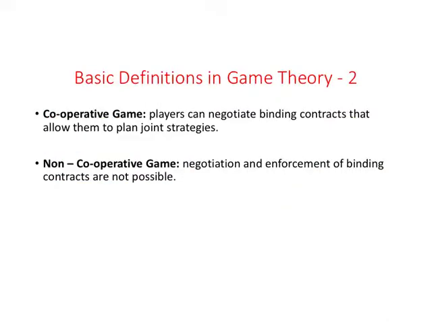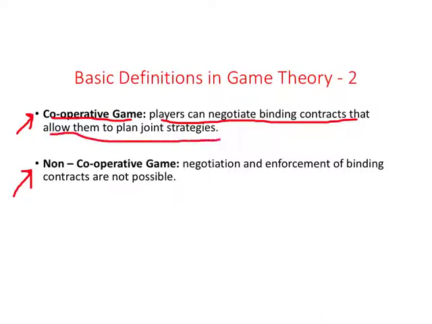As far as games go, we distinguish between two types of games, one called a cooperative game and the other called a non-cooperative game. Let me just state the formal definition and then I'll explain it through some examples. When we say cooperative game, what we have in mind is that players can negotiate binding contracts that allow them to plan joint strategies.